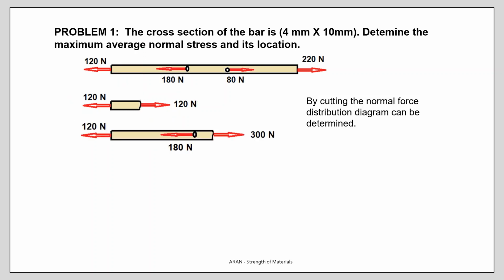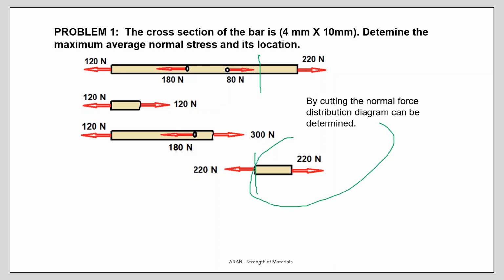In the second region, when you cut here, take the left side free body diagram, the internal force is 300 newtons. The last cut is in here in the third region. So now we take the right part, and this free body diagram gives you the internal force in the third region.